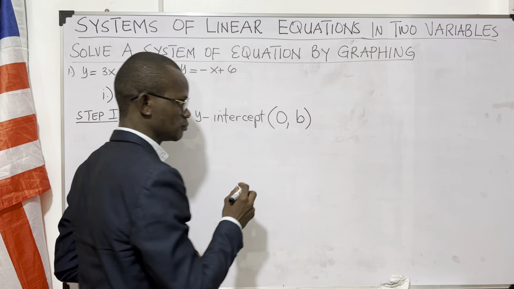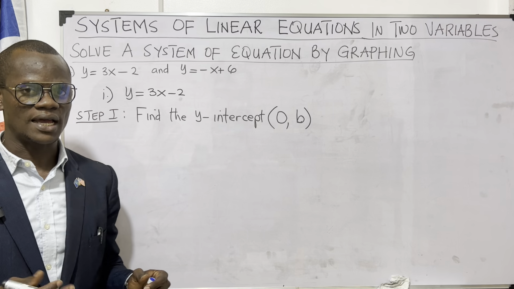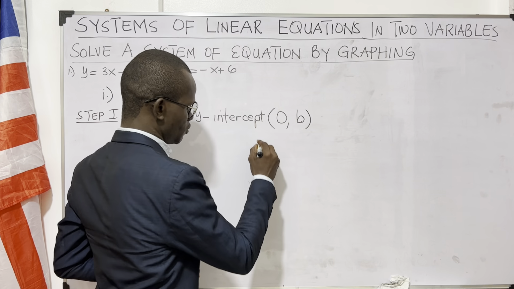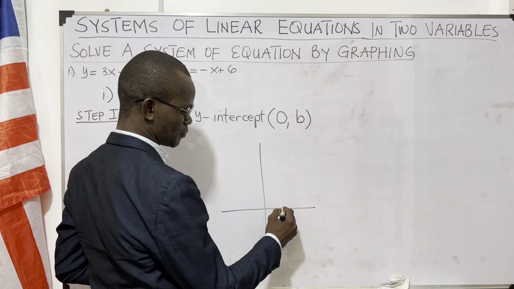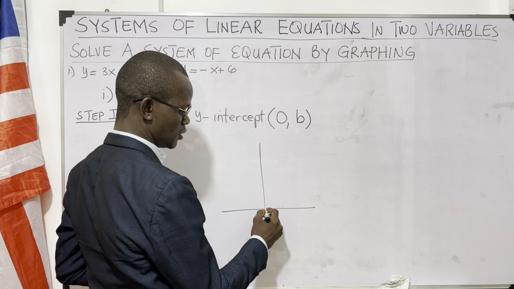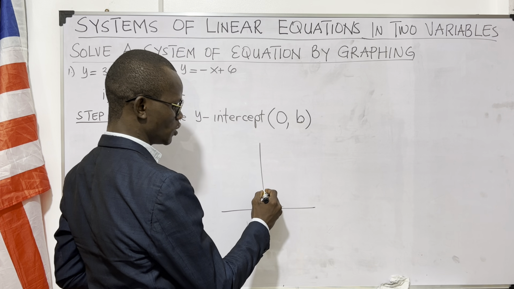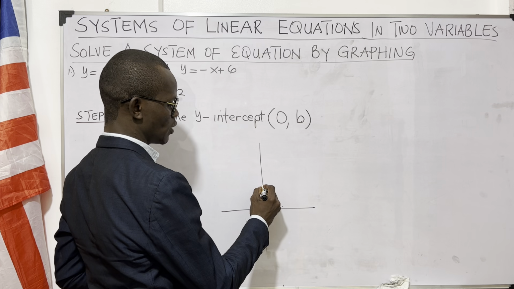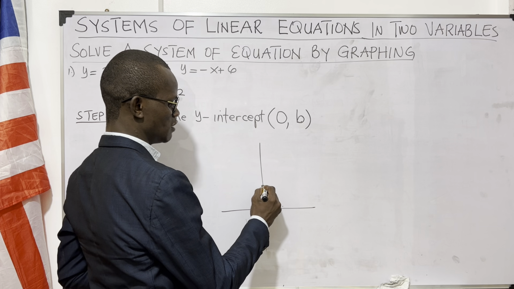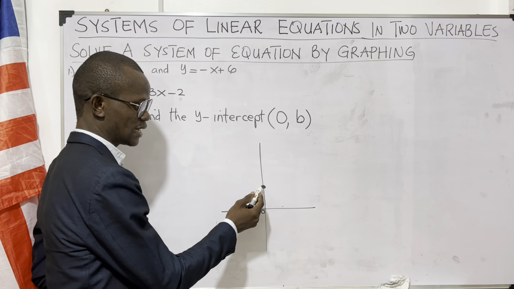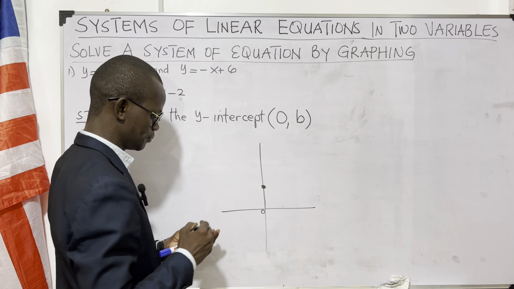The y-intercept is a point at which x is equal to 0 and y is equal to some value b. That's exactly what we call the y-intercept, because when x is 0, you must go on the y-axis for its value. So when y is some b, it intercepts the y-axis at the point b.